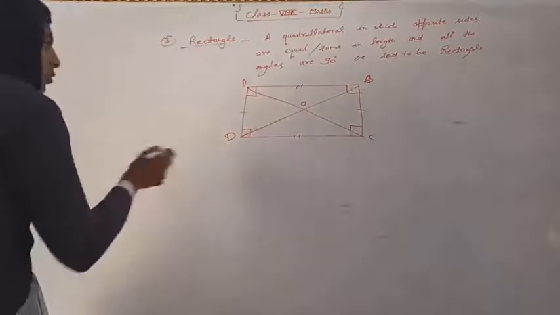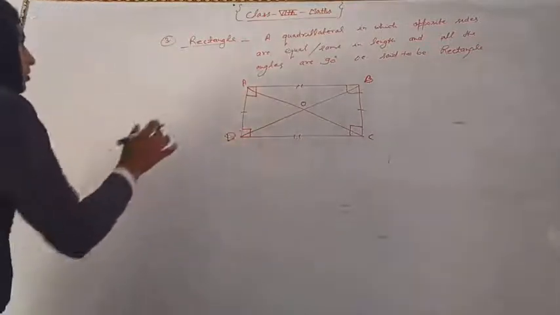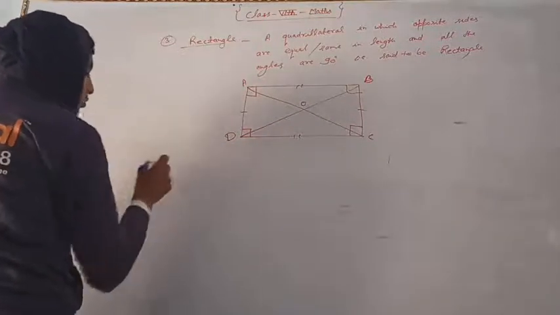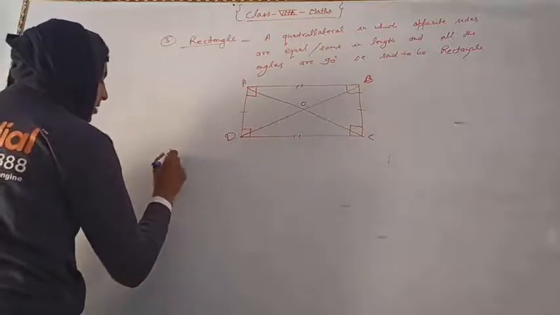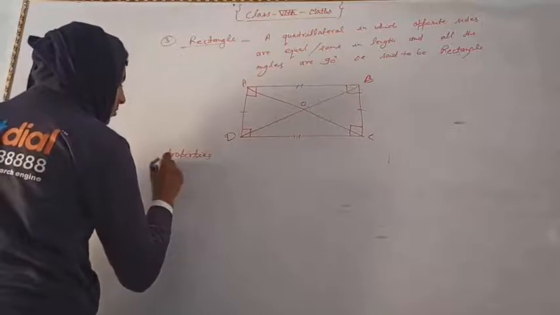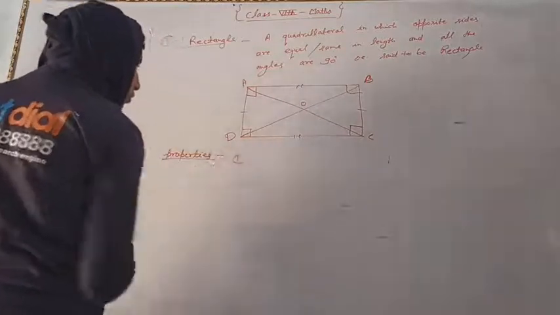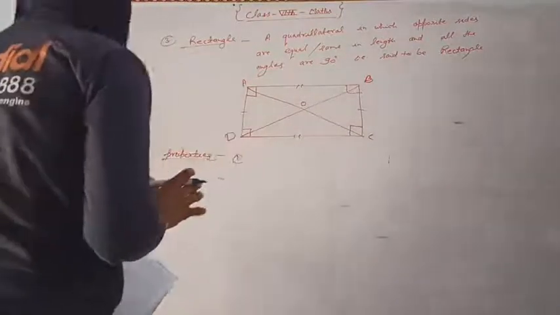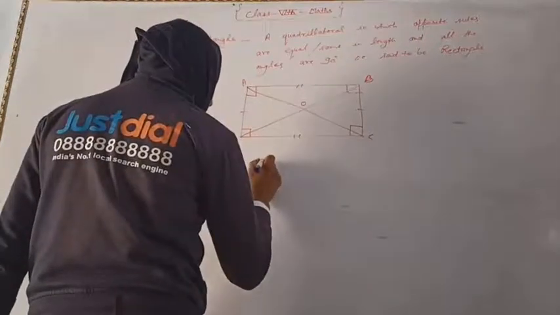So we have to also know about the properties of this rectangle, this quadrilateral rectangle properties. What are the properties? First property, opposite sides are equal.